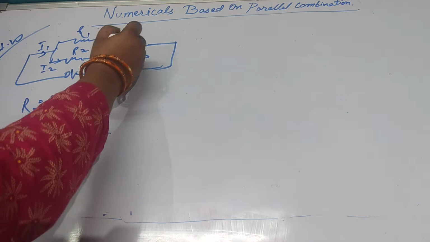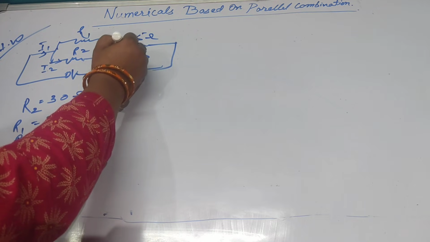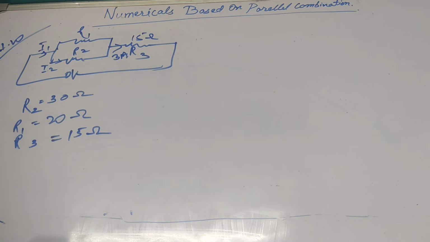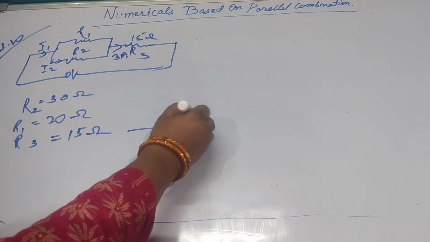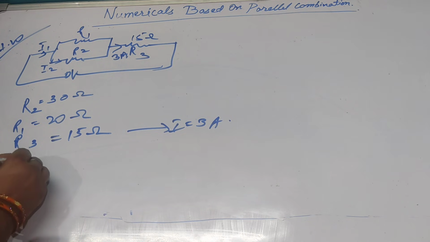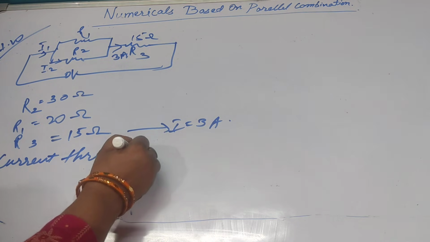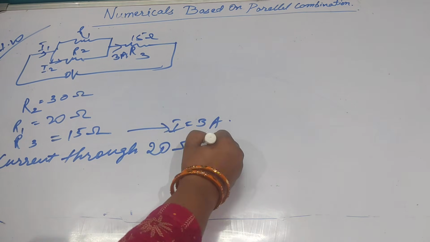And current through this 15 ohm is 3 ampere. So you have to find the current through 20 ohm as well as 30 ohm also.